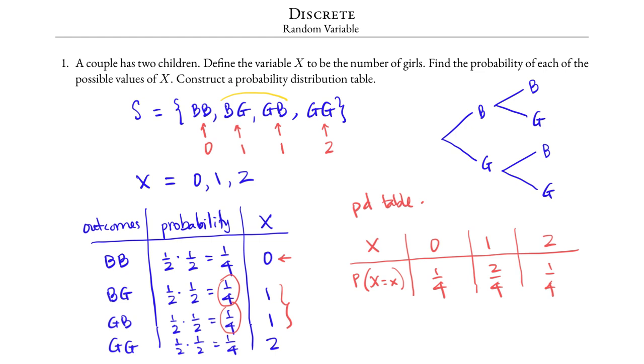The sum of the probabilities in a probability distribution needs to equal 1. That is the reason why we left this at 2/4 instead of 1/2, so that we can see 1/4 plus 2/4 plus 1/4 is 4/4, and 4/4 is 1. After we realize that, we might change this 2/4 into 1/2.